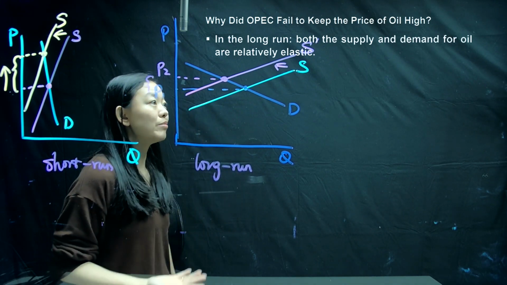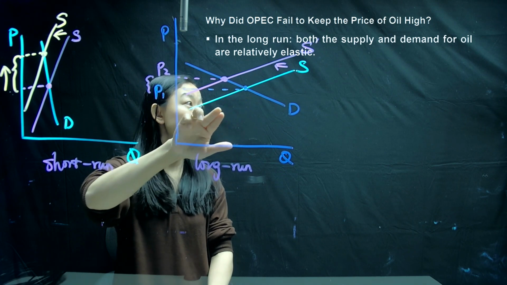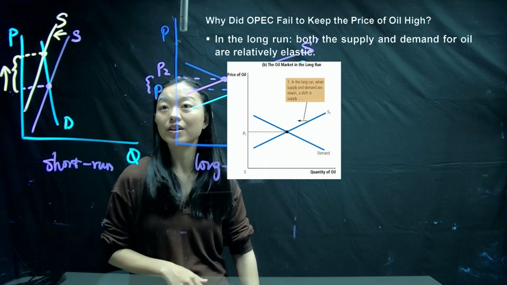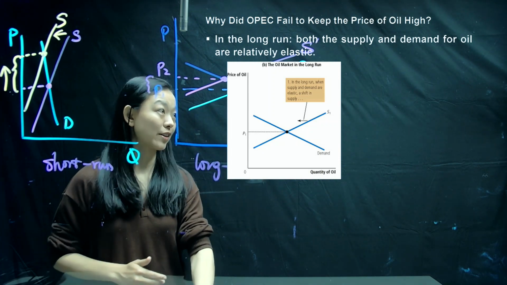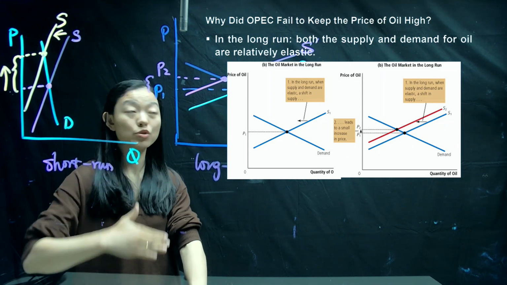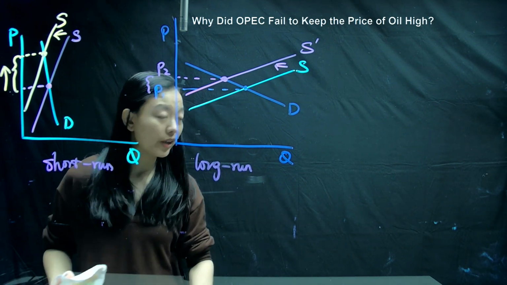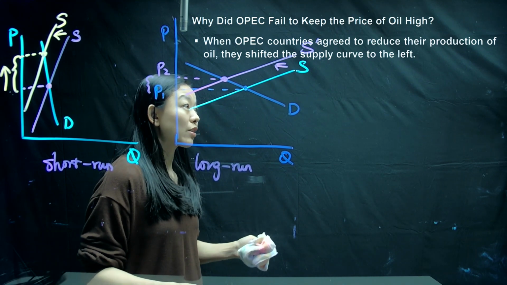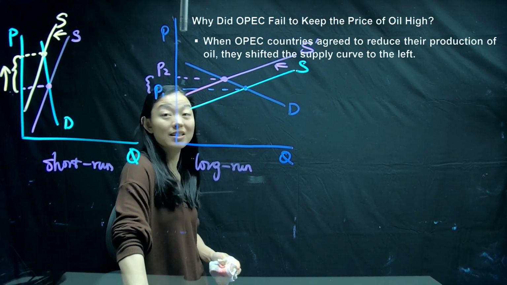In the long run, both demand and supply for oil become relatively elastic, which makes the demand and supply curves relatively flatter, and it will not make the price increase dramatically as before. So from this case, we know that when OPEC countries agree to reduce their production of oil, it actually shifts the supply curve to the left-hand side. That's definitely true.